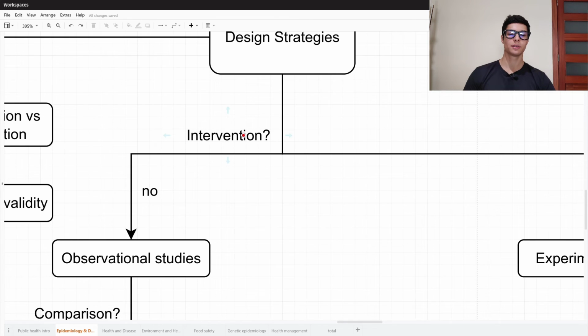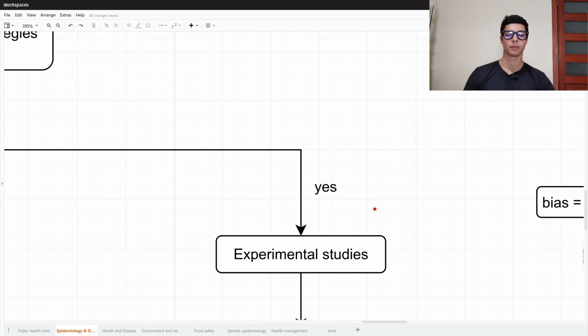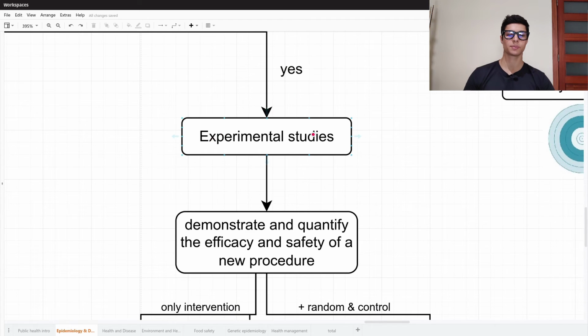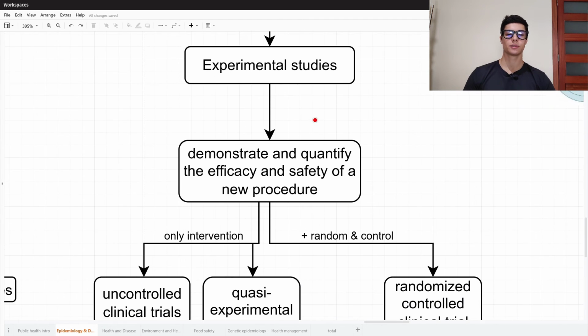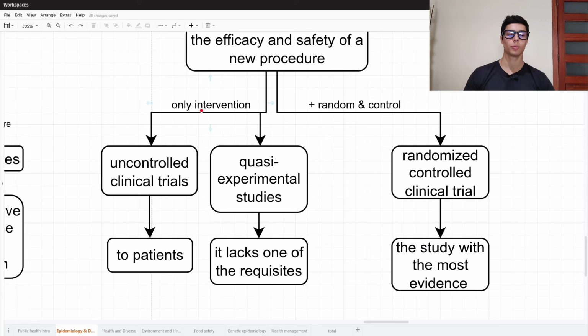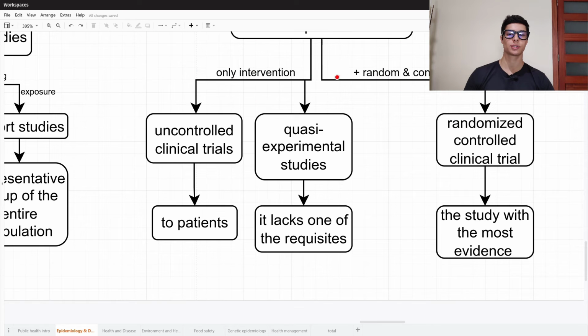Getting back here, intervention. Now we do intervene. So yes, experimental studies. These are meant to demonstrate and quantify the efficacy and safety of a new procedure. We differentiate between only intervention and intervention and random and control.